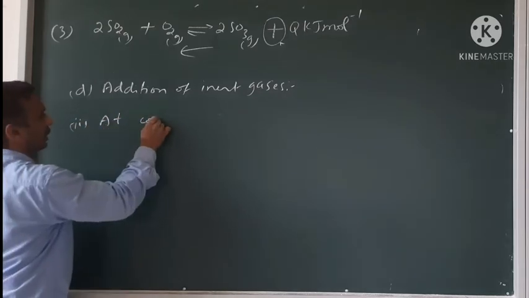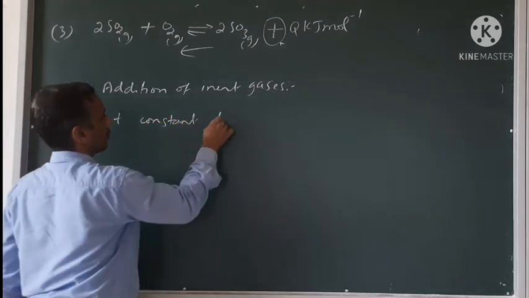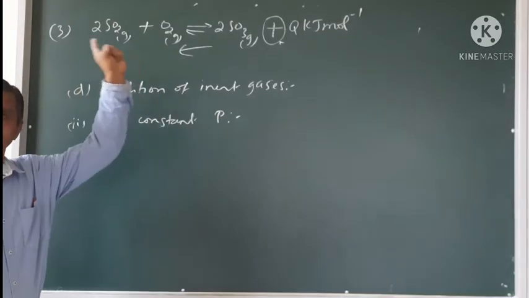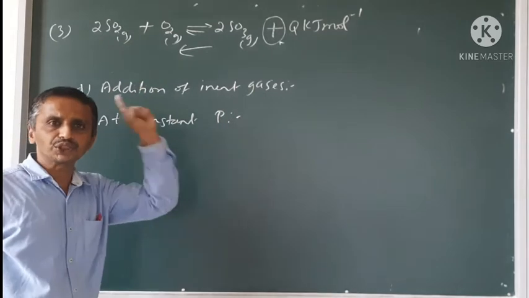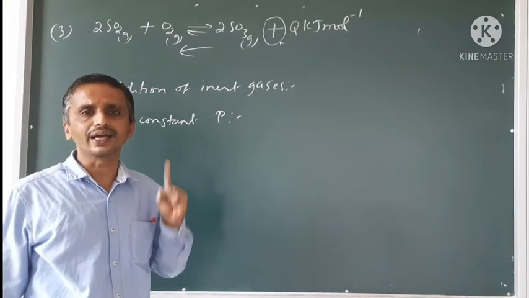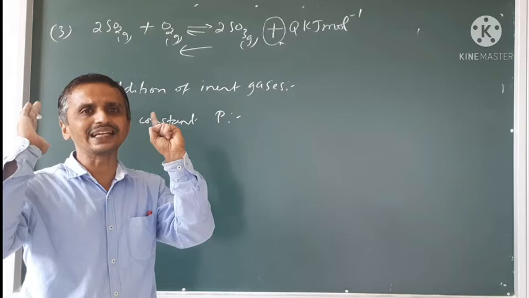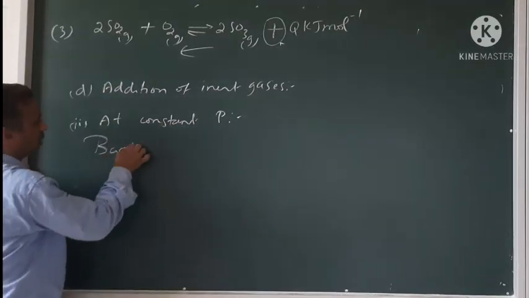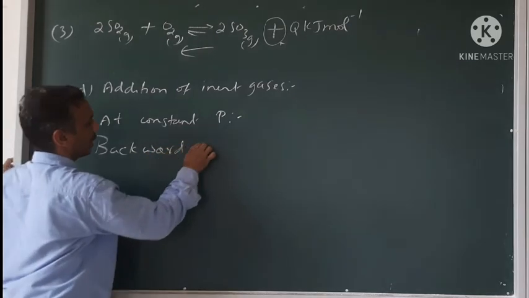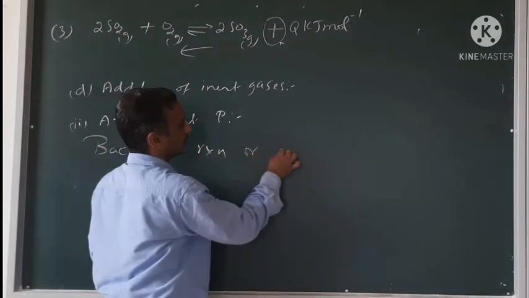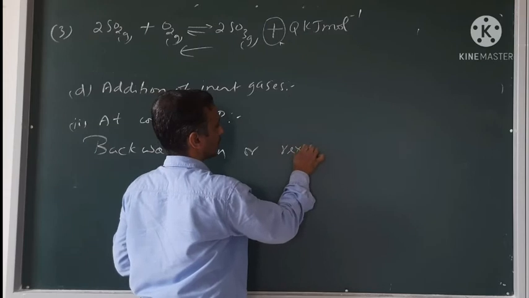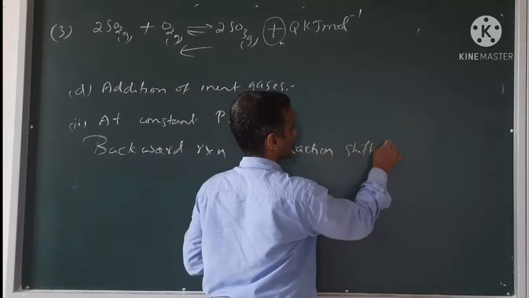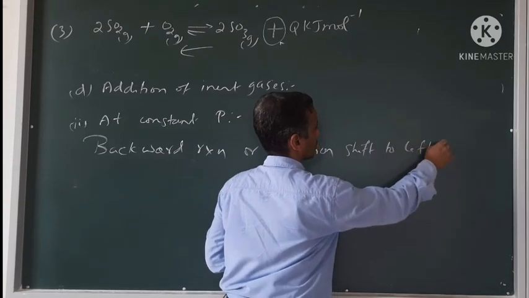Second one is at constant pressure. Now, at constant pressure, the reaction favors the direction where there is an increase in the number of moles. So the backward reaction is favored, or the reaction shifts to the left in this case.